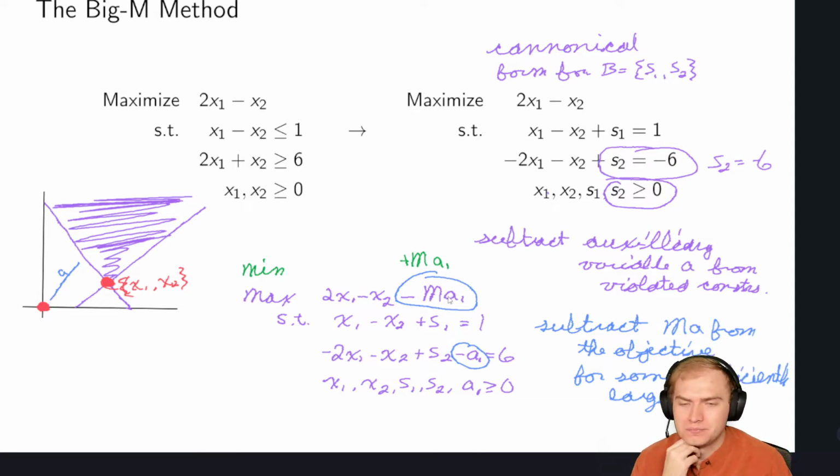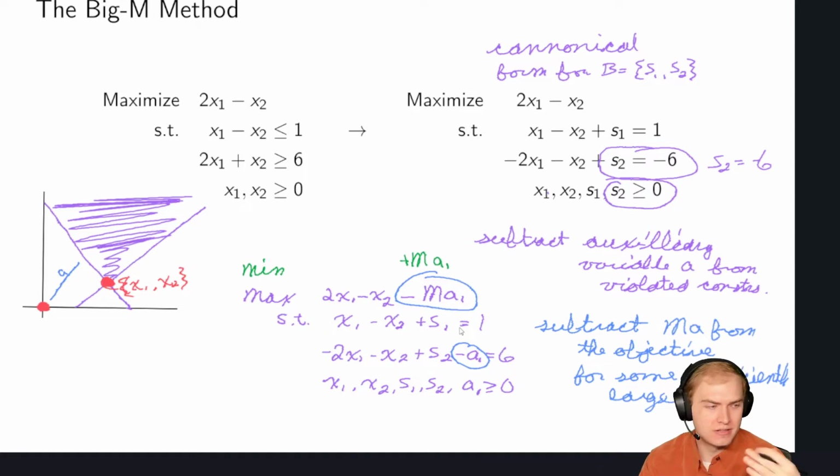In this basis, A is positive, so we're penalizing having a positive A very heavily, which incentivizes the simplex algorithm to address A1 first before thinking about any of our other decision variables. It wants to get rid of the A1 term as best it can. And in maximization, we penalize that by subtracting. In a minimization, we penalize it by adding.